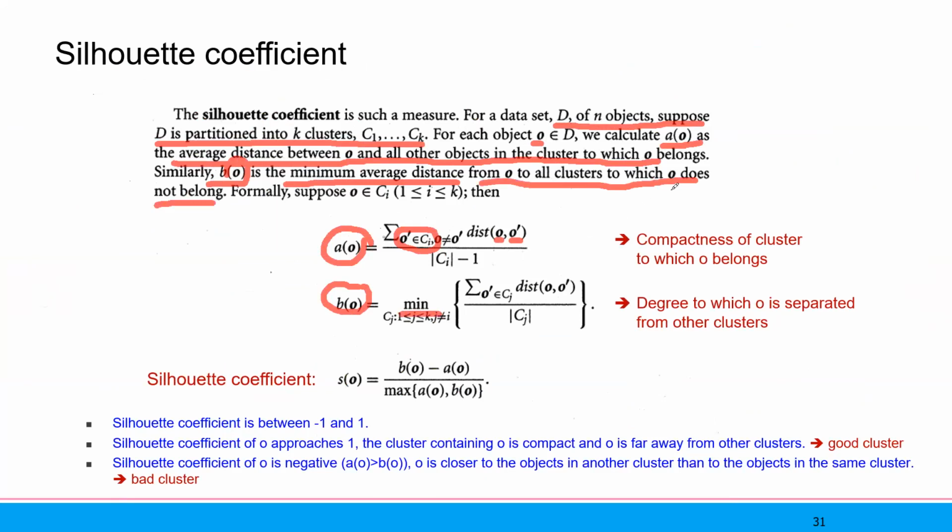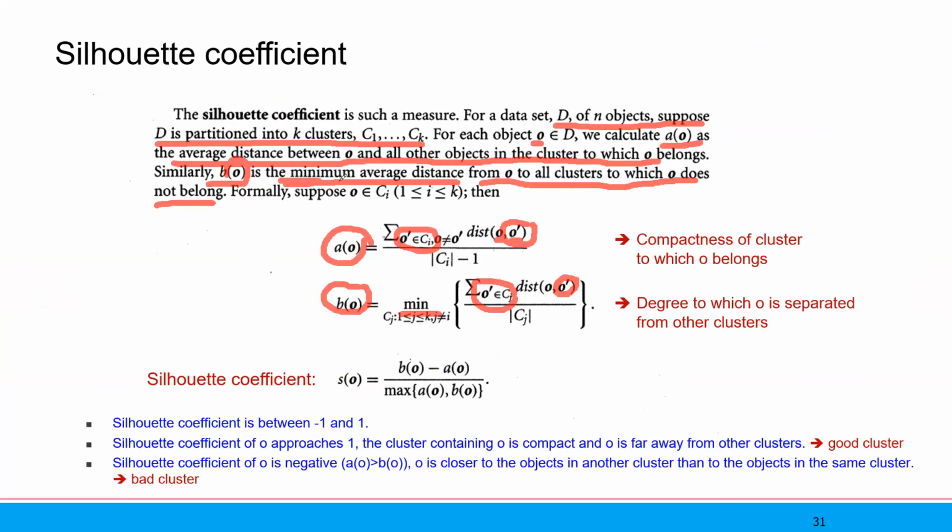So you can see this O, the O prime is in a cluster that O does not belong to, and this is when the object belongs in the same cluster.